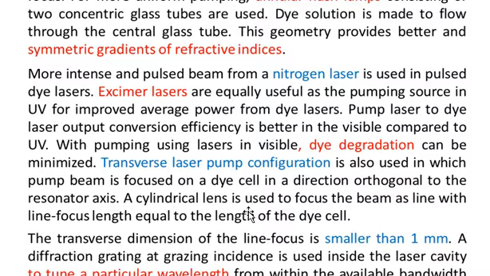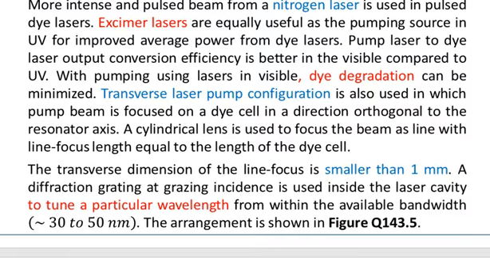A cylindrical lens is used to focus the pump beam as a line, with the line focus length equal to the length of the dye cell. So the pump beam can be focused as a line beam on the dye cell using cylindrical optics.